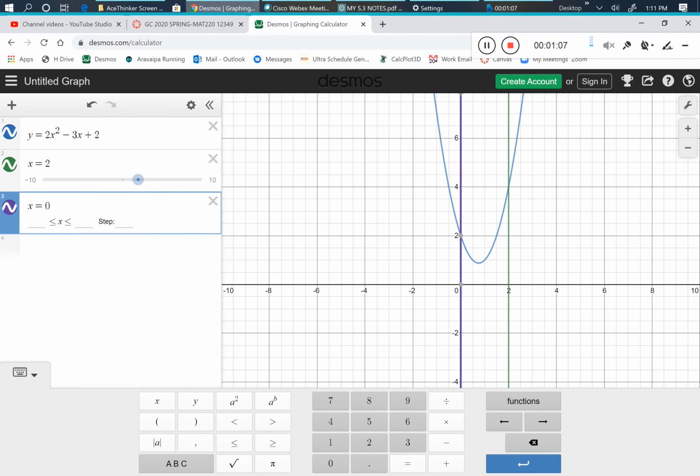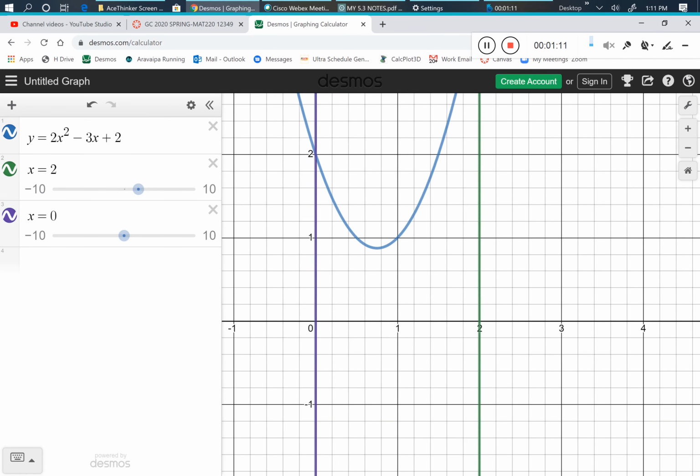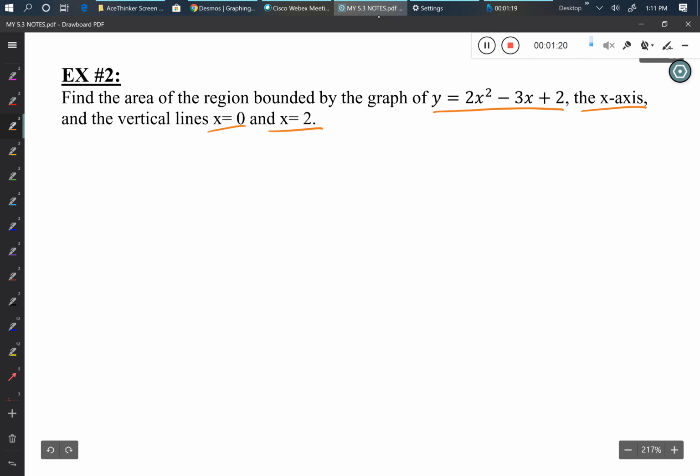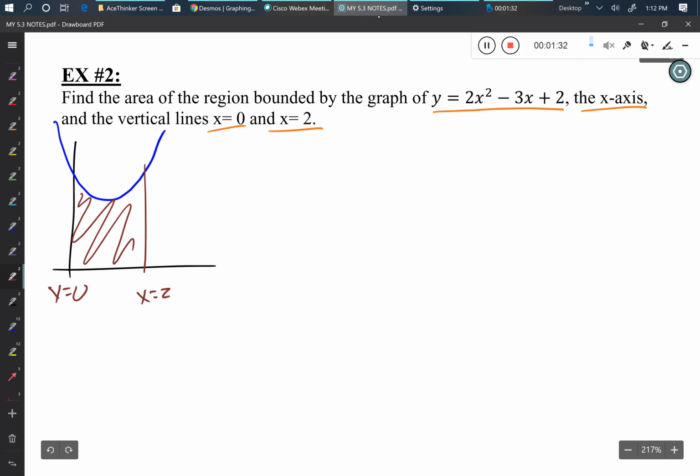And so it looks like, if I flip this over to projector mode, they want us to find the area right in there, the area between this. So this looks like an integration problem. Oh, I can do this. If I make a quick sketch over here, they want this piece right there.